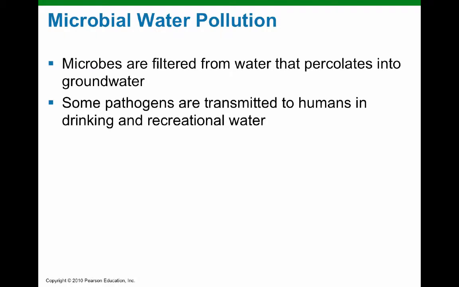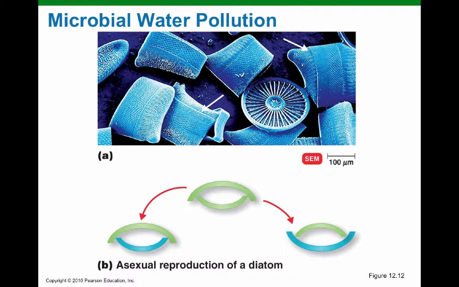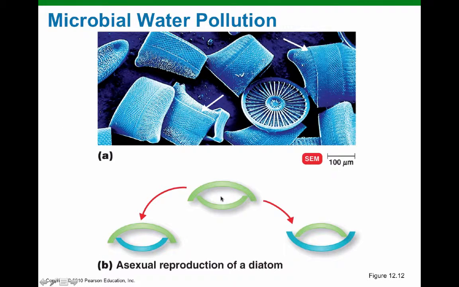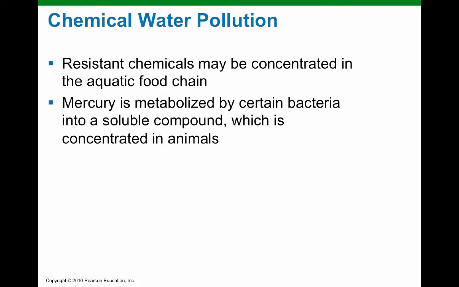So all of the water that comes out of your tap has undergone specific cycles of sterilization and also testing to ensure that it is not contaminated. And so these are actually pictures of diatoms that may produce neurotoxins when associated with shellfish, and you consume that seafood can actually result in food poisoning.